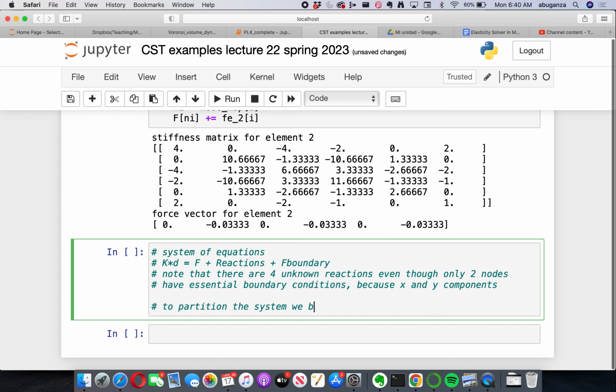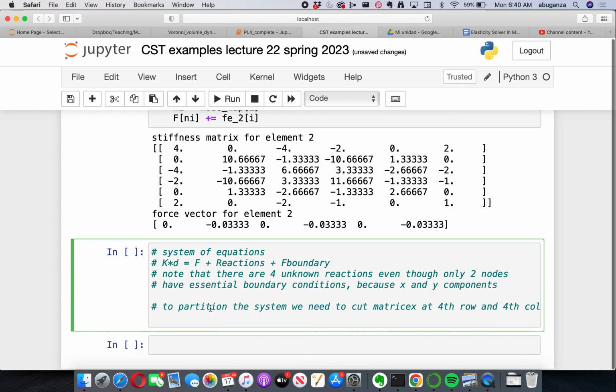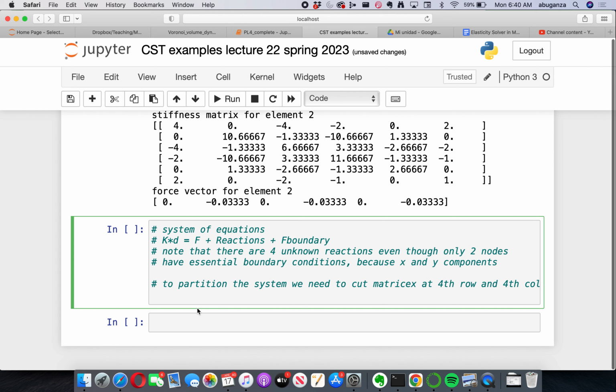To partition the system, we need to cut the matrices at the 4th row and 4th column.